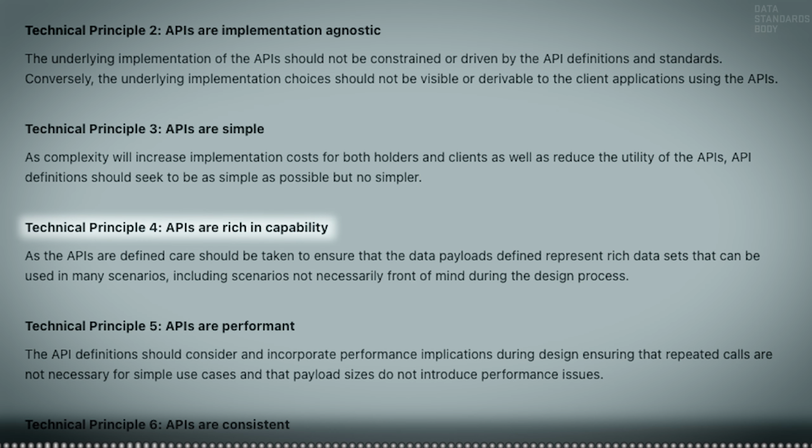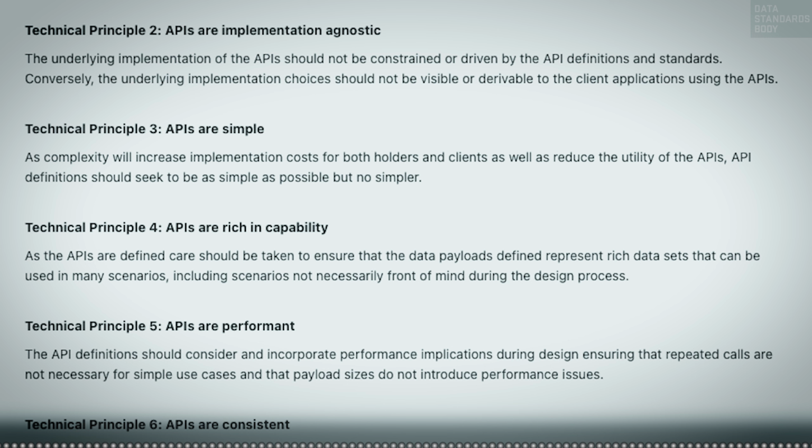APIs are rich in capability. As the APIs are defined, care should be taken to ensure that the data payloads defined represent rich data sets that can be used in many scenarios, including scenarios not necessarily front of mind during the design process.